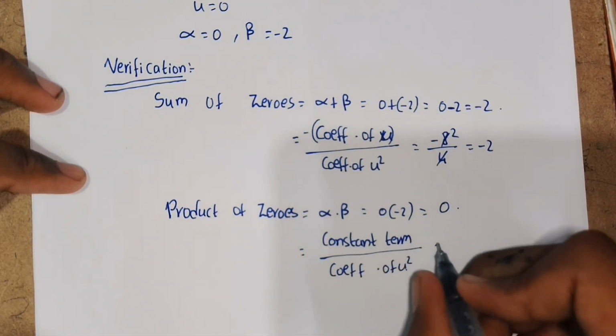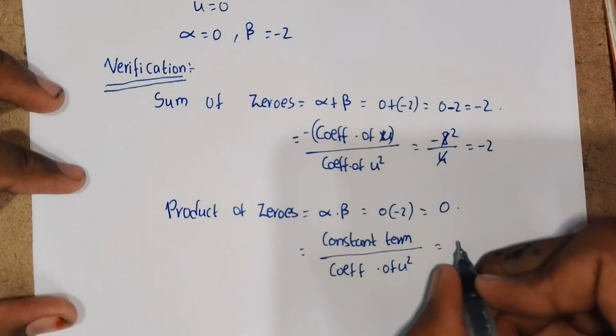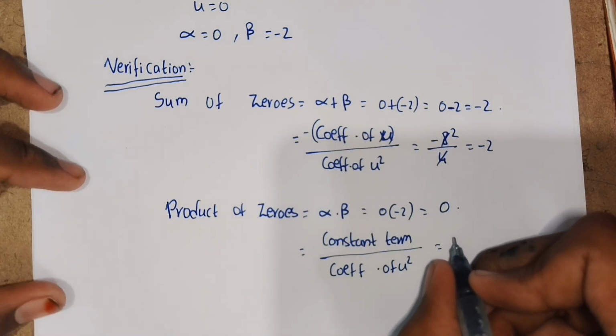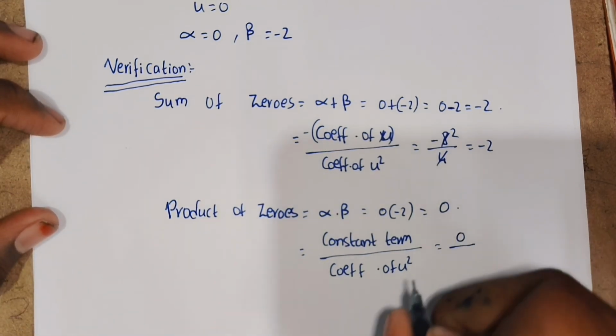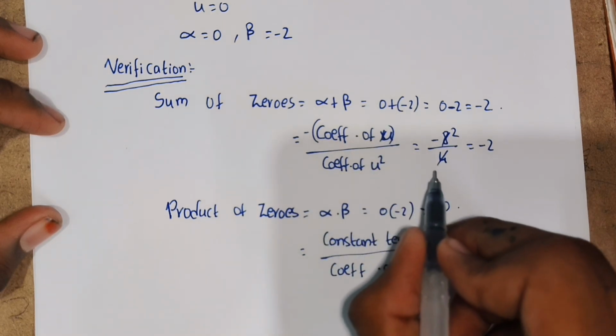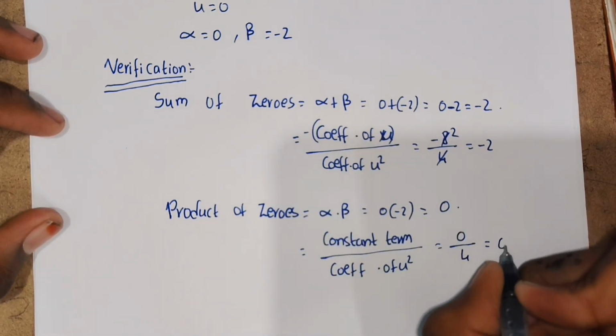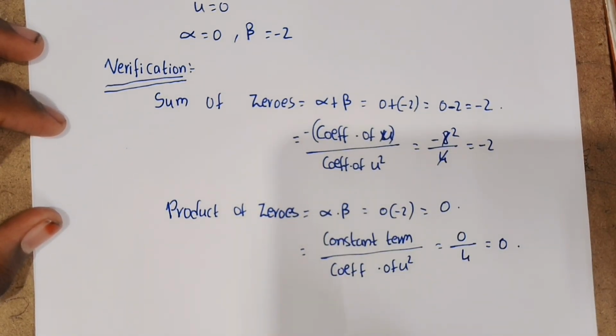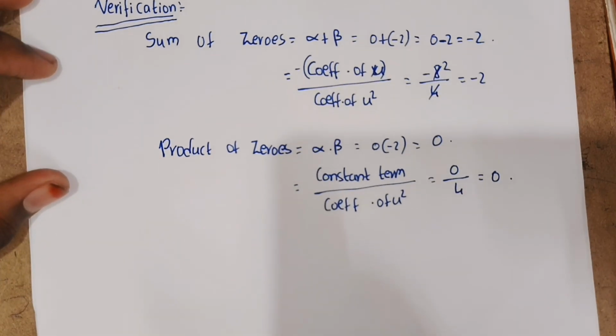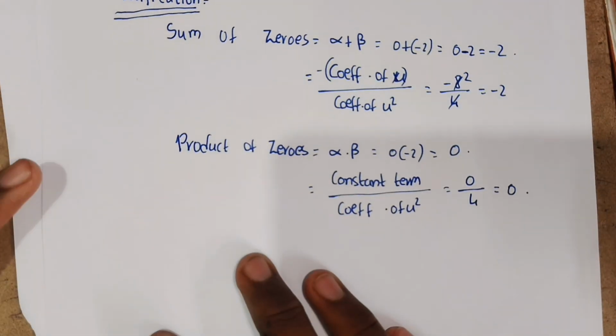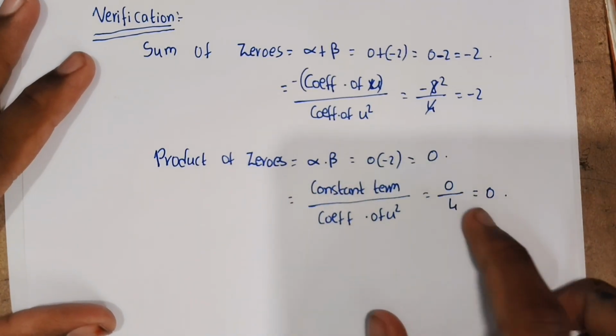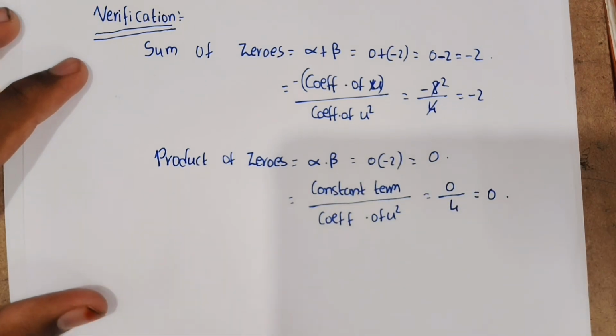What is the constant term? There is no constant term here. So we have to take 0 by coefficient of u square, which is 4. 0 by 4 is equal to 0. So here also we got both values equal. So we have completed the fourth problem.